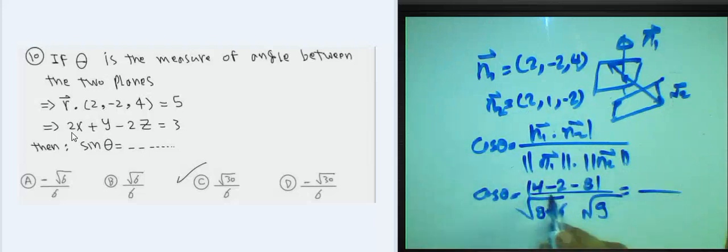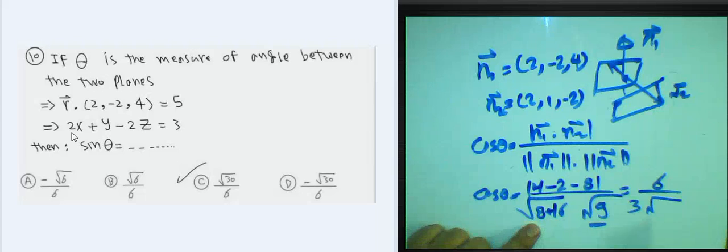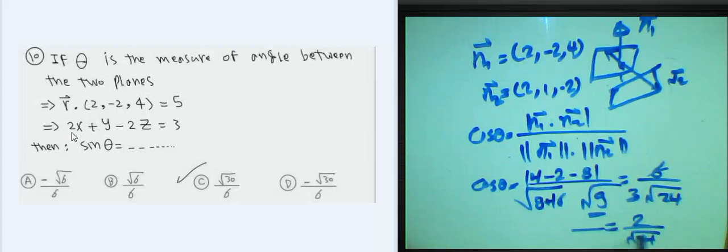You can write here 4 minus 2, 2 minus 8 equal negative 6, absolute value of negative 6 equal 6, and square root of 9 equal 3, square root of this number 8 plus 16 equal 24. 6 divided by 3 equal 2 over square root of 24. We can simplify it here, square root of 24 equal what? Equal to 2 root 6.